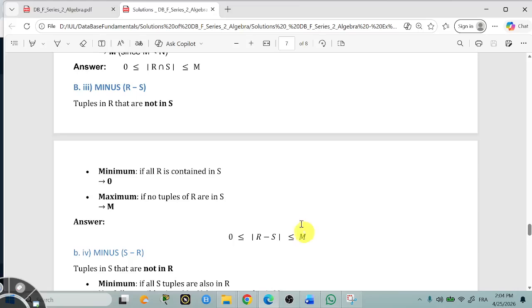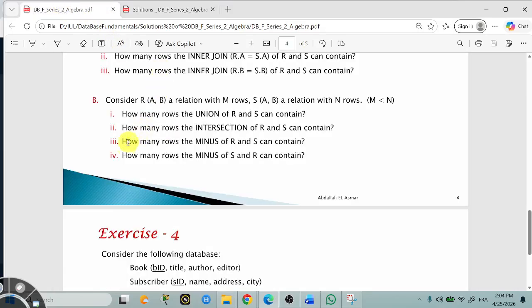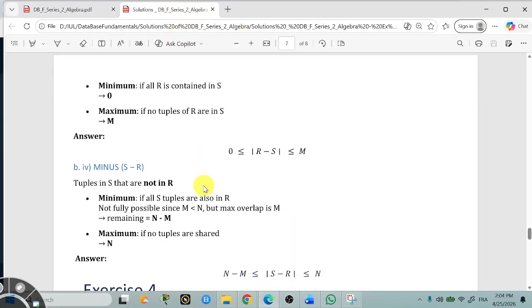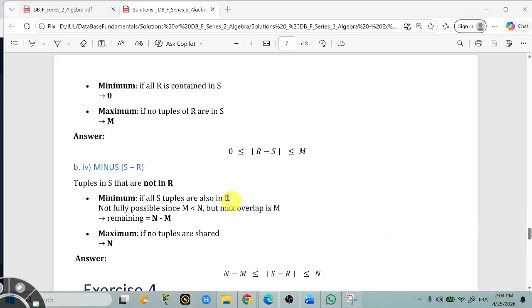Okay? The fourth exercise. How many rows can the minus of S and R contain? Now the reverse of S and R. Now we are looking for S minus R. What does this mean?